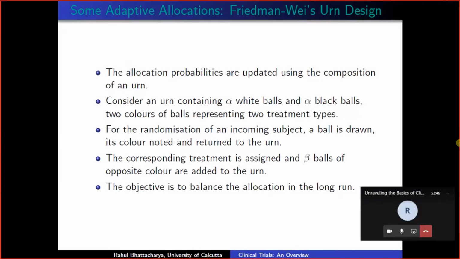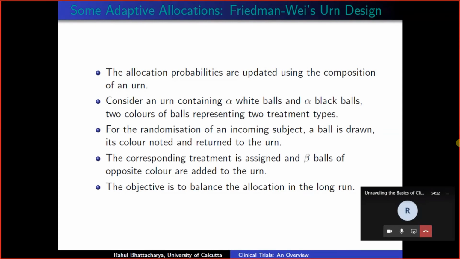Just in short, your first patient is assigned to treatment 1. So to make a balance, the next patient needs to be assigned to treatment 2. This is not always ensured, but what you can do is increase the chance of getting a treatment 2 type ball from the urn.